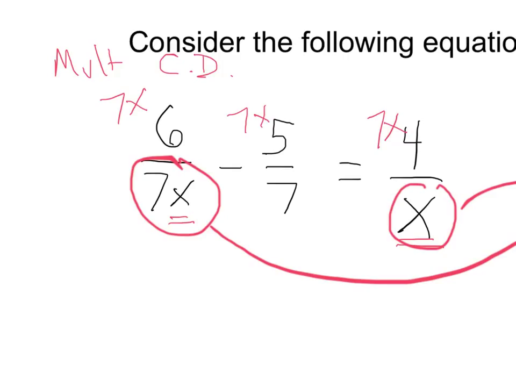So for this first one, the 7x's cancel each other out. 7 on top and 7 on bottom disappear, so do the x's. For the second term, the 7 on top and the 7 on bottom cancel. And for the third term, the x and the x cancel out.